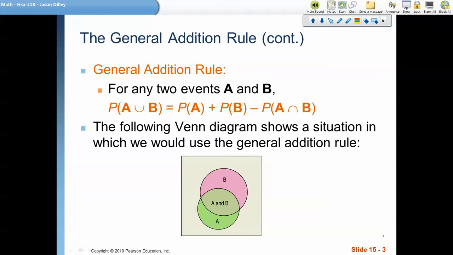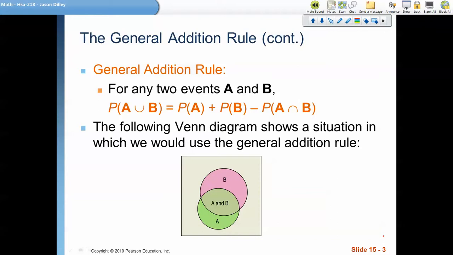And again, this only happens when the events are not disjoint. So as you're setting yourself up for any kind of probability problem, you have to ask yourself a question. Are these events disjoint? Can both of these events happen at the same time? If yes, then general addition rule. You're going to need to subtract out a section. If no, then you just add the two probabilities.